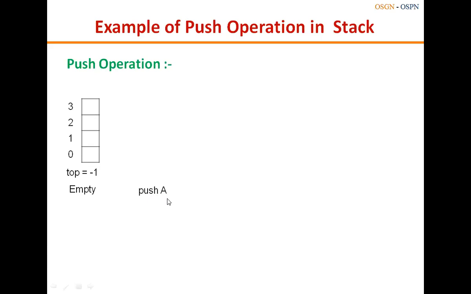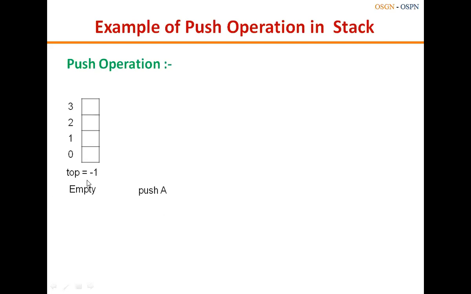So you have to use the scanf function. No, don't tell me the programming concept. I'm asking what to do now. This is the scenario. This is the stack, and initially the top value is -1. I want to push this value A. Now what to do?